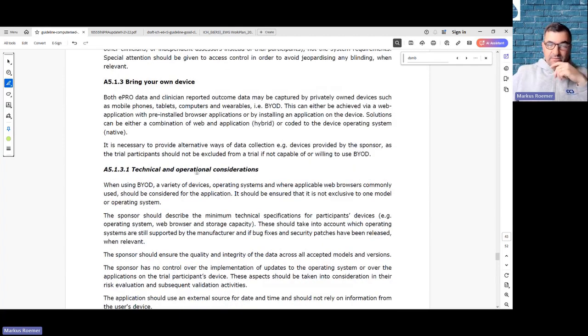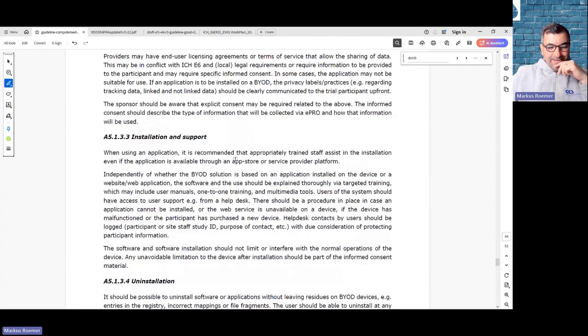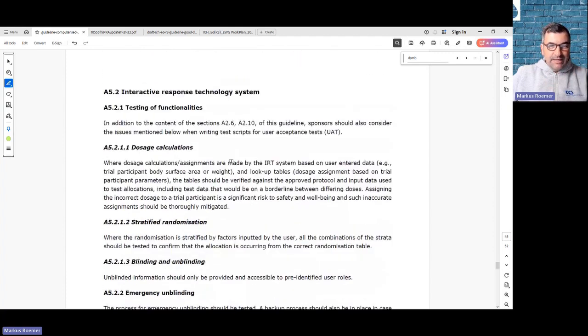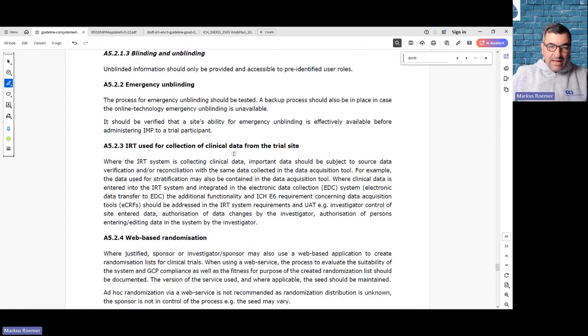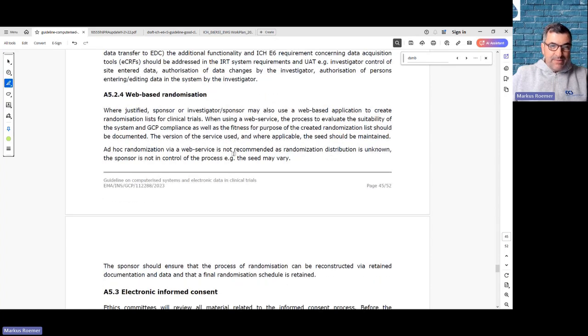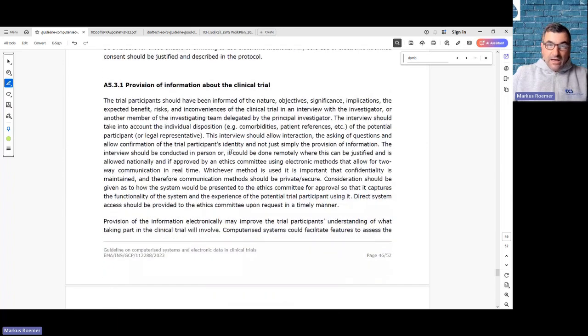Things also with bring your own device. Yeah, maybe. How far we must go with that? It's not easy. Interactive response technology systems, very interesting. User acceptance testing, dosage calculations, randomization, blinding, unblinding, emergency unblinding, web-based randomization, electronic informed consent.